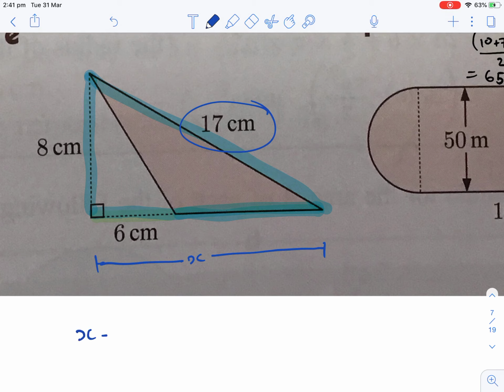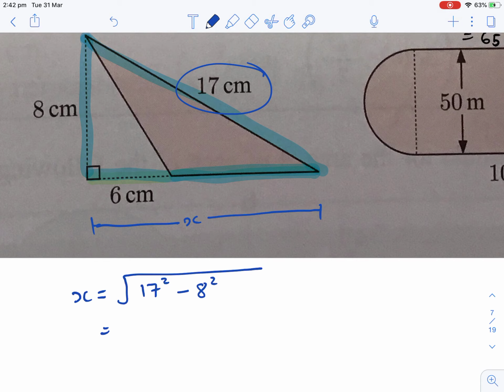So to find x, it's going to be equal to the square root of my long side squared, so my 17 squared, take away my other short side squared, which is 8 squared. That's going to provide me with my whole side, and so that would give me an answer of 15 centimetres.